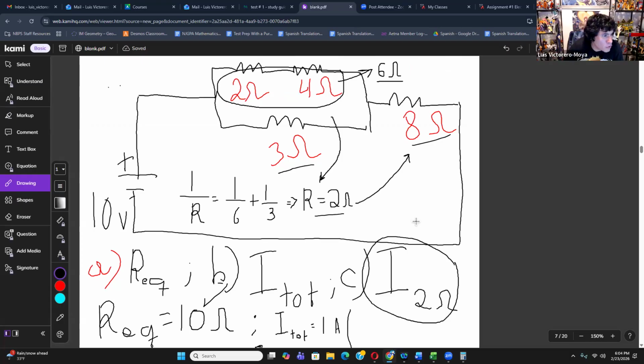It cannot be 5 if your total current is 1. 1.66? It cannot be greater than 1 because the total current is 1. It has to be less than 1. The current on this junction splits.